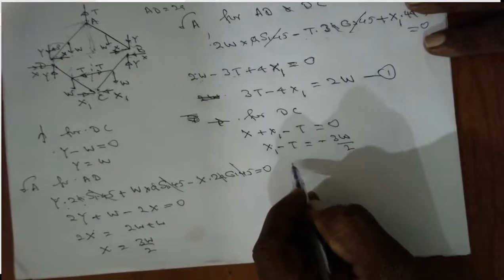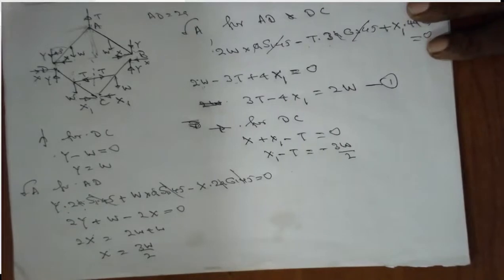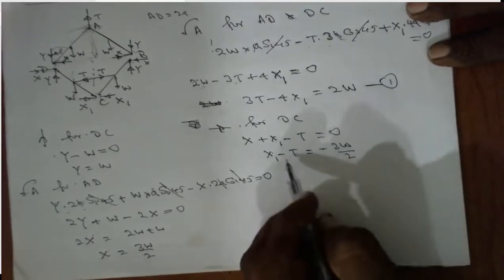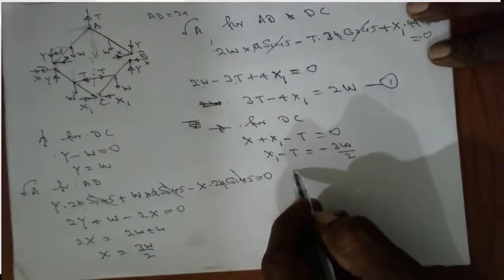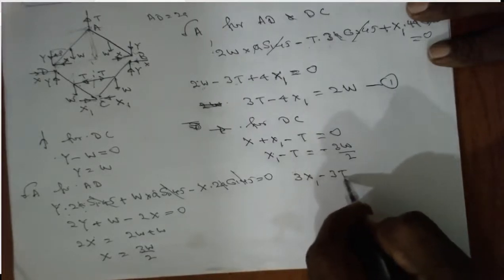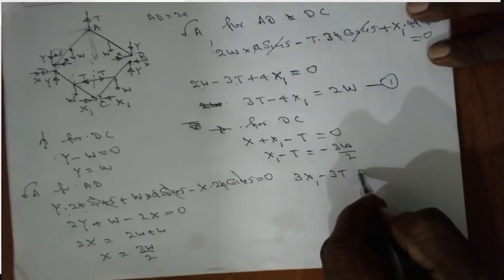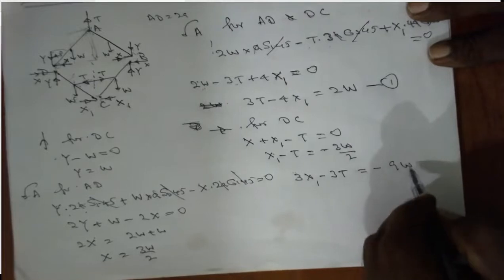Okay. So you have to find the reaction at C and T. You want to find X1 and T. So you multiply this one by 3: 3X1 minus 3T equals minus 9W by 2. This is equation 2.